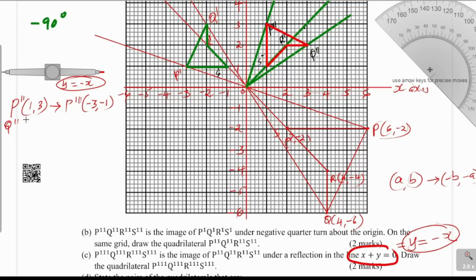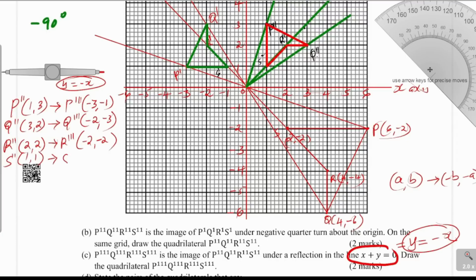Then Q2 is 3, 2, so Q3 will be negative 2, negative 3. R2 is 2, 2, so the image will be -2, -2. And S2 is 1, 1, so S3 will be -1, -1. It's as simple as that.